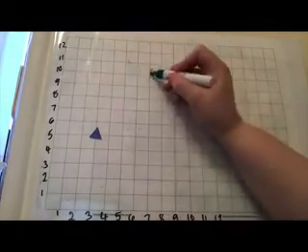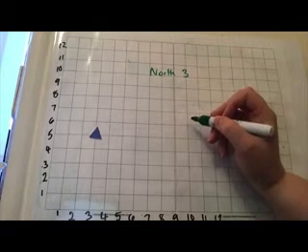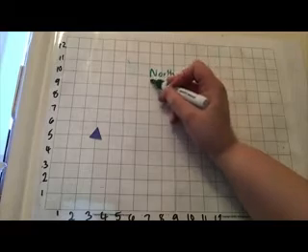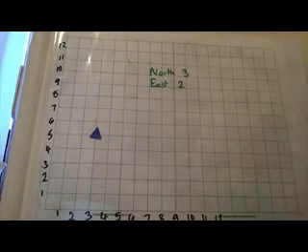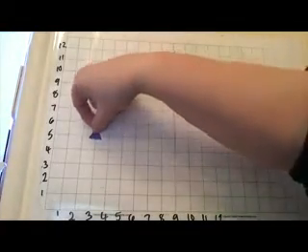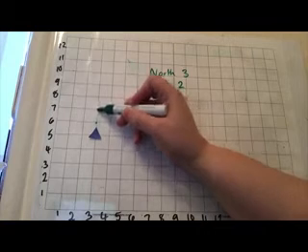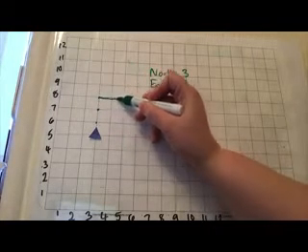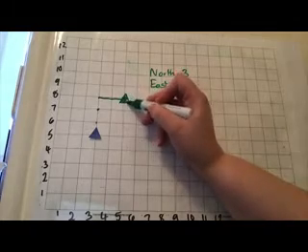So I could go north 3 and then east 2, and that would mean that the triangle would go 1, 2, 3 north, 1, 2 east, and so would end up over there.